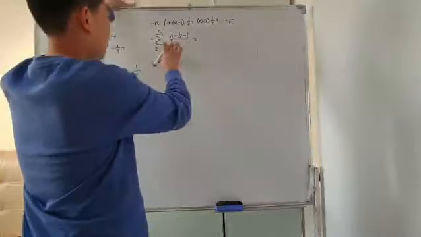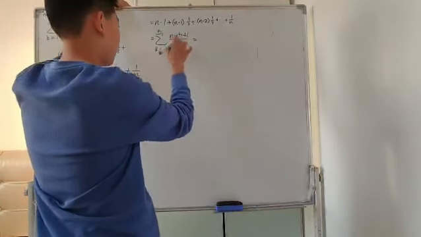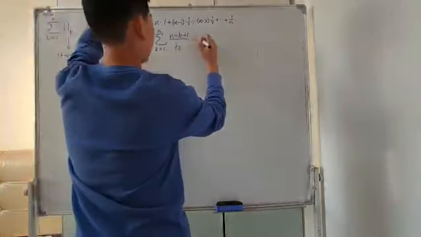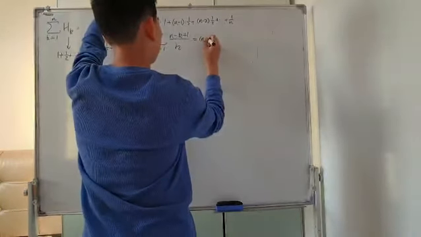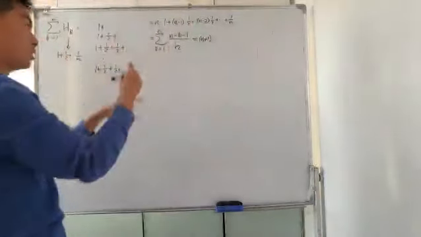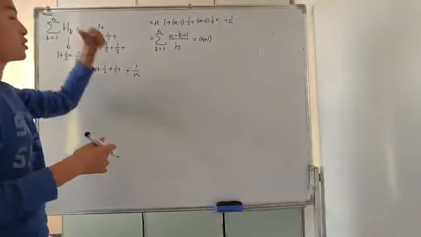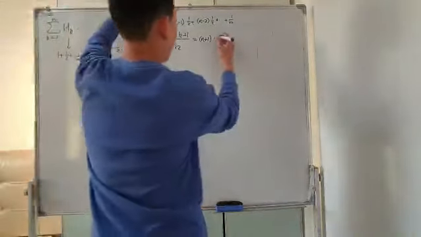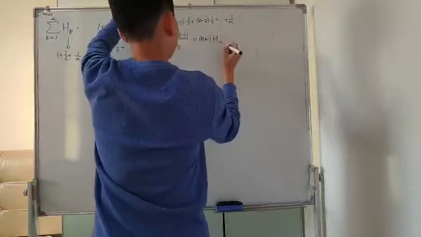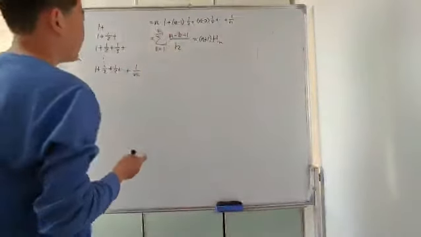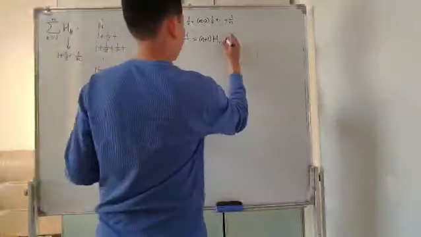Now, for the first one, n plus 1 over k, n plus 1 is a constant because our summation is with respect to k, so we have n plus 1 at the front, and then it's just times 1 over k, and the sum of that we define as Hn, which is the harmonic number n.